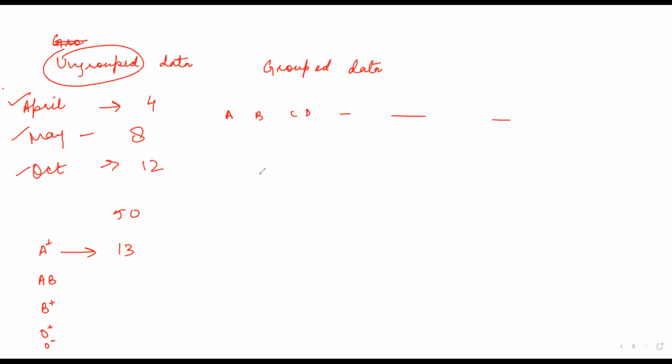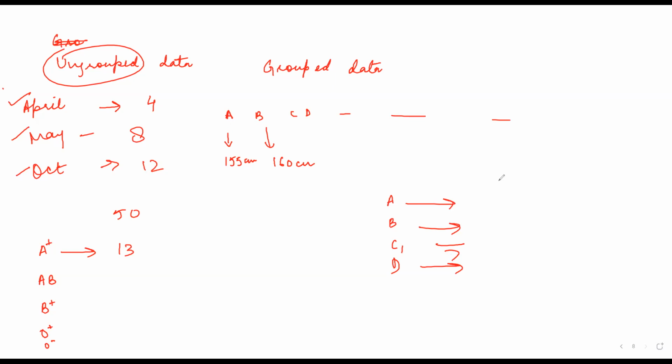There are 20 students, right? And their heights are like that. One is, let's say, 155 centimeter, and another is 160 centimeter, and like that. So if you have this kind of data, is that clear? It's very difficult to write all the 20 students, that A, B, C, D, and then you write their corresponding heights. So we try to group this data together, right?